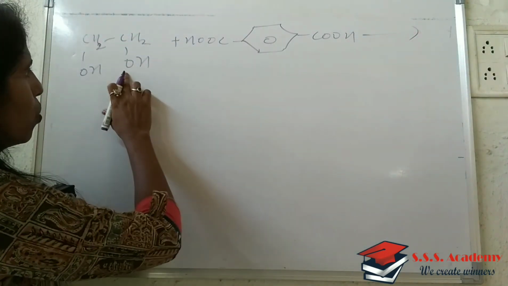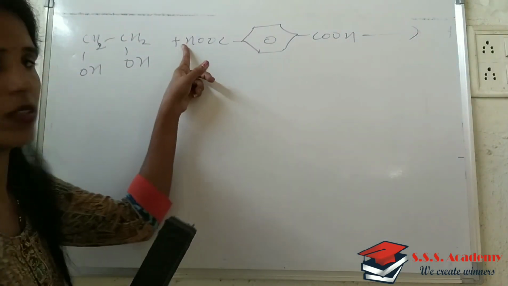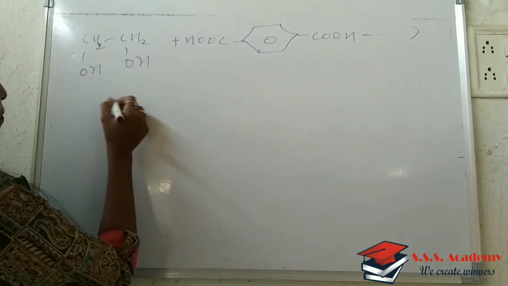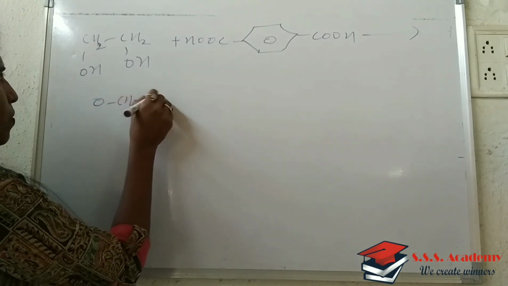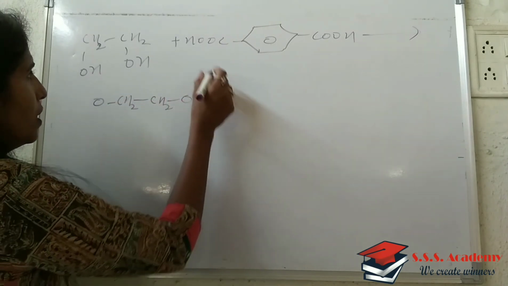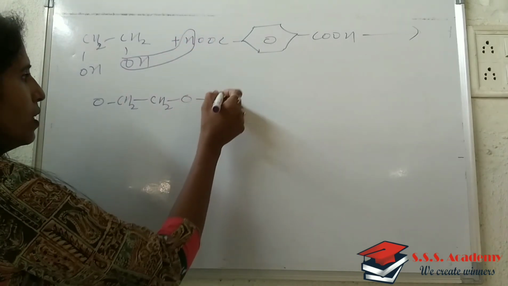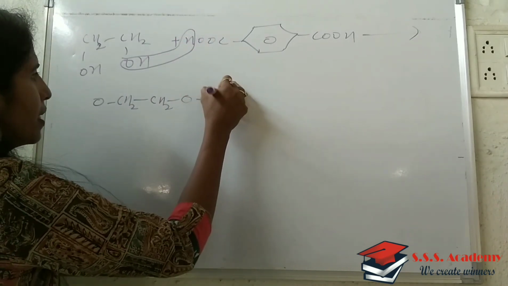See, this OH and this H will go, and therefore it results in removal of water, and the structure for that polymer is like this.